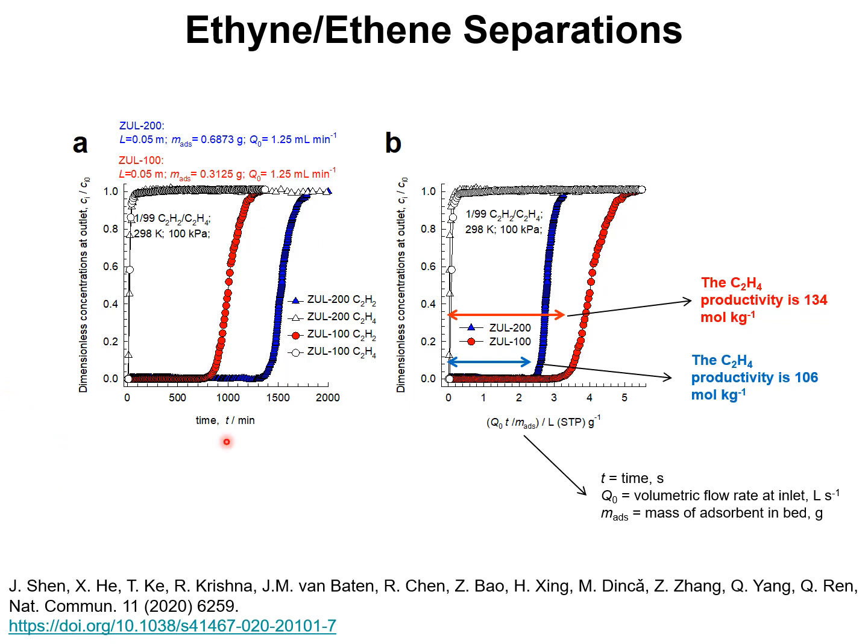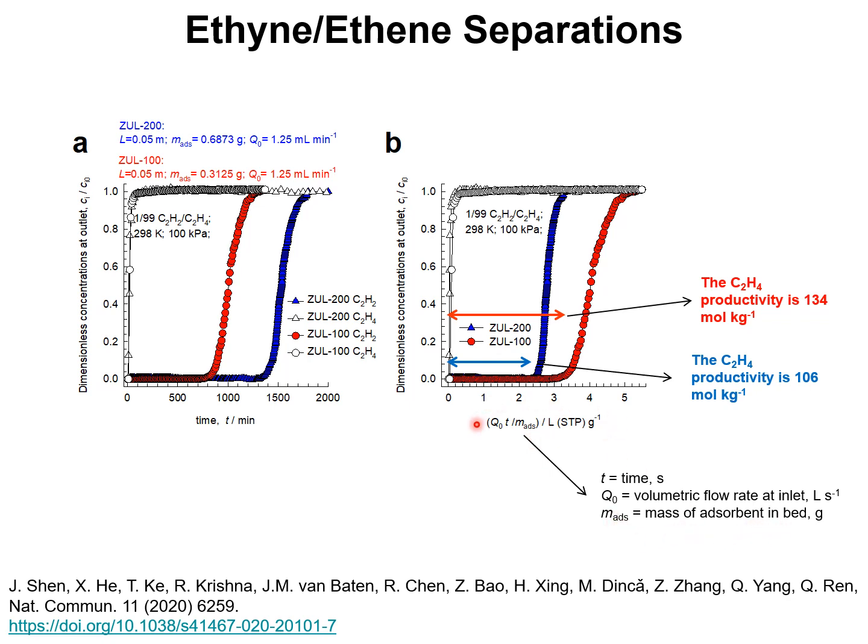In order to compare these breakthroughs in a fair manner, it is necessary to use a modified time parameter in which we use the parameter Q0, which is the flow rate of the gas mixture at the inlet in the units of, say, liters per second, multiplied by the time in units of, say, seconds, divided by the mass of adsorbent expressed in, say, grams.